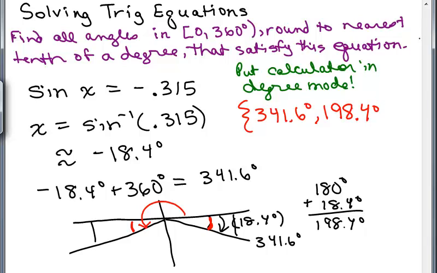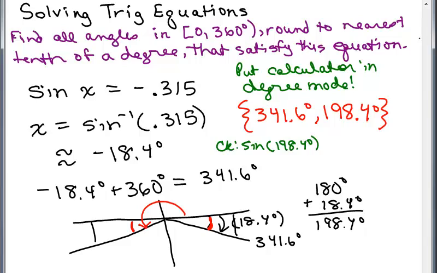And remember, it doesn't matter the order you write your solutions. If you like to write the smaller number first, awesome, no problem. But let's just do a quick check in your calculator to see what the sine of 198.4 degrees is. Make sure you are going to get around negative 0.315. So I'm going to do that right now. I'm putting in 198.4.